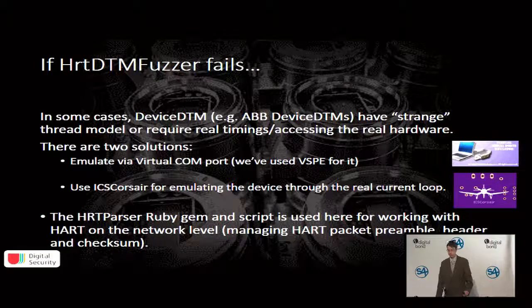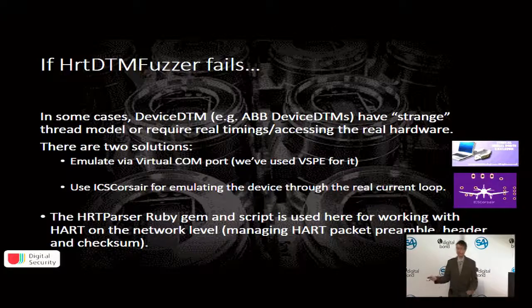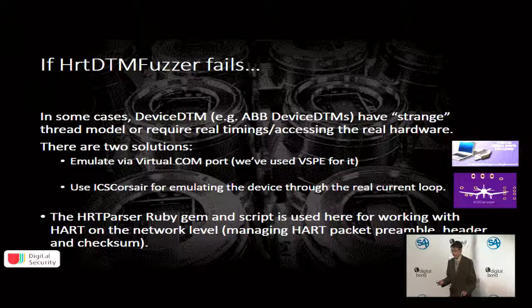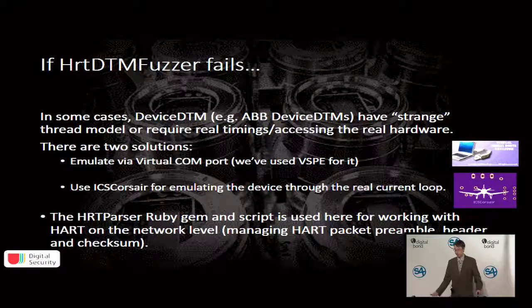In both cases, we need some service to manage the network and channel layer of HART. And I've used a library that I developed this summer. It's a HART parser, a Ruby gem, used for working with HART on the network and channel layer, managing the HART packet preamble, header, and checksum.